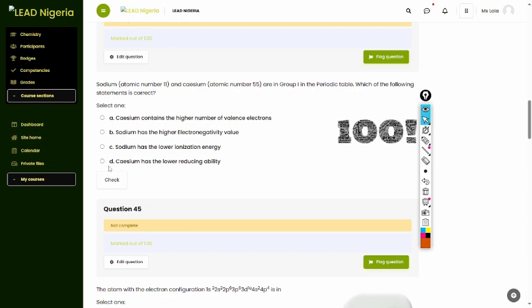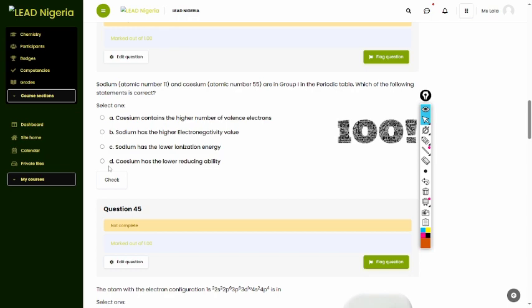So the attraction between the nucleus and the outermost shell is reduced. So it's easy to knock out that electron without requiring a very high ionization energy. So sodium will require a higher ionization energy than cesium because the last shell for sodium is still closer to the nucleus compared to that of cesium. So C is incorrect.